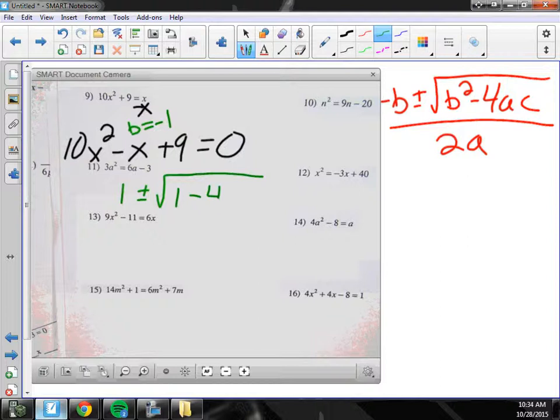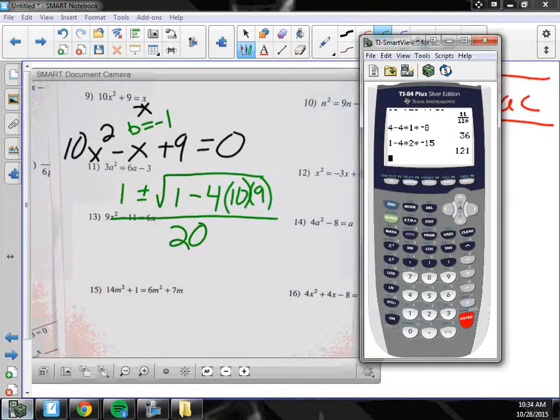Minus 4 times A, which is 10, times C, which is 9, over, what is 2A? 20. So in my calculator, I do the stuff inside the square root. 1 minus, excuse me, 4 times 10 times 9, negative 359.